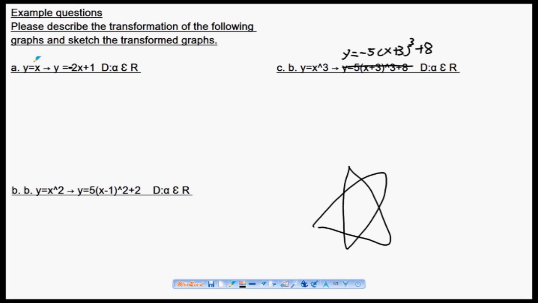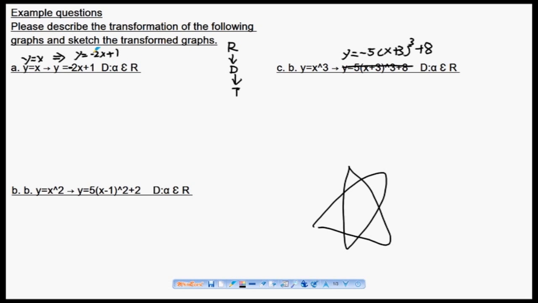In question A, we have to transform the graph y equals x to y equals minus 2x plus 1. Follow the steps of transformation, which are reflection, then dilation, then translation. We have to find reflection first.